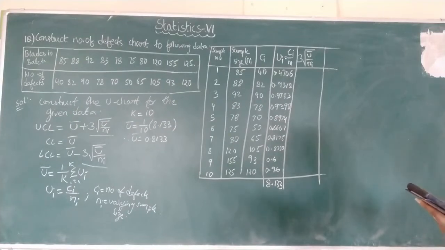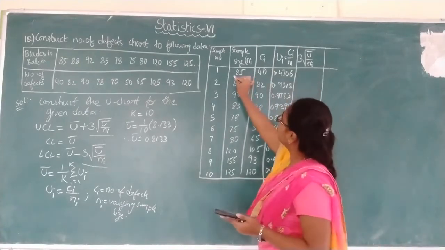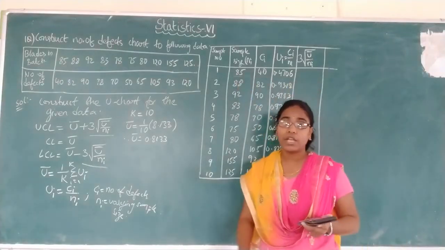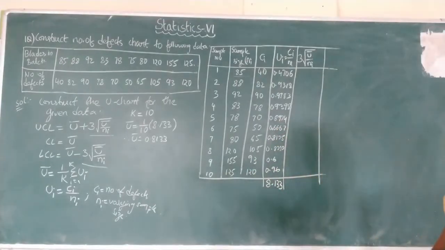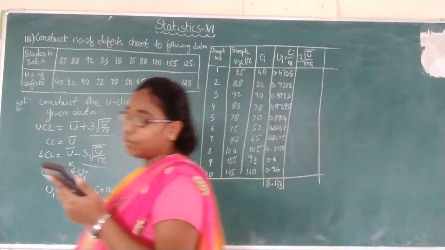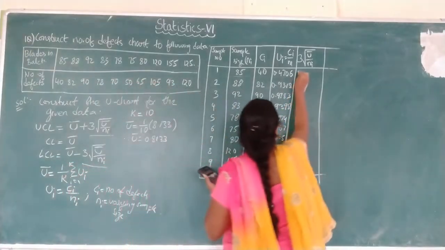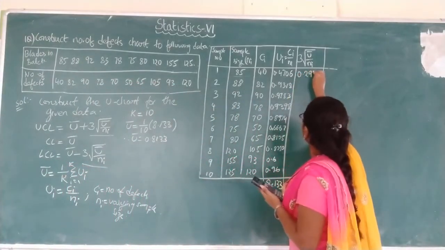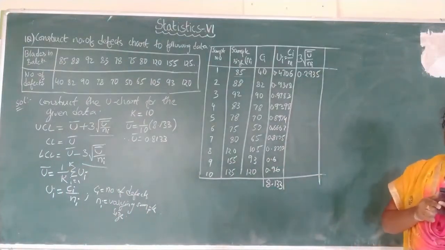0.8133 divided by the first Ni value. Corresponding to the first sample, what is the Ni value? 85. So divided by 85 and close the brackets, you will get the first value as 0.2935. Now just change the sample size.